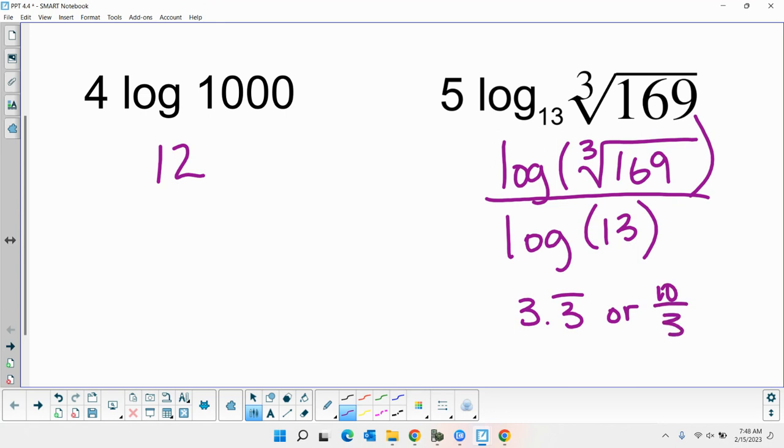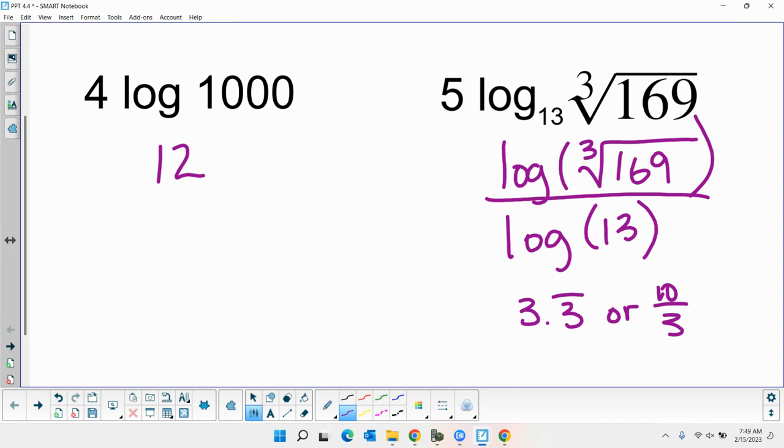I just wanted to go over that again with you, how we can put it in the calculator using that change of base formula. All right, so we good on that? Any questions? So just remember to close off your parentheses when you're doing your logs.